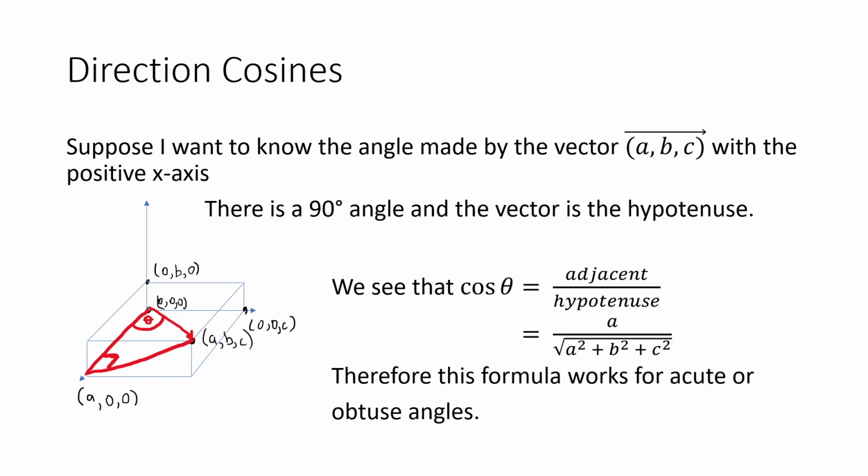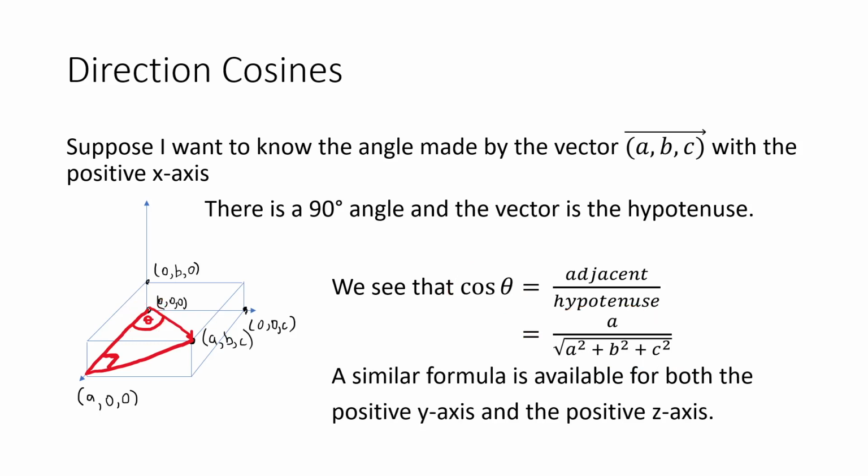And so we know that the formula that we have here, that cos theta will be A over the square root of A squared plus B squared plus C squared, will work whether the angle being made is acute or obtuse, i.e. whether the A value is positive or negative. So basically what we're saying here is we have a formula that'll work under all circumstances.